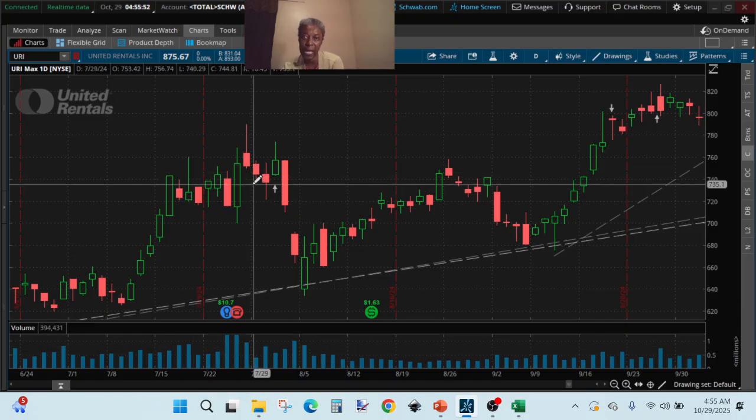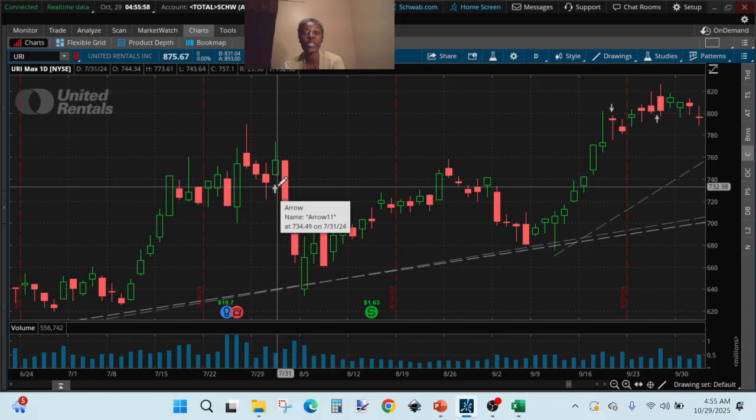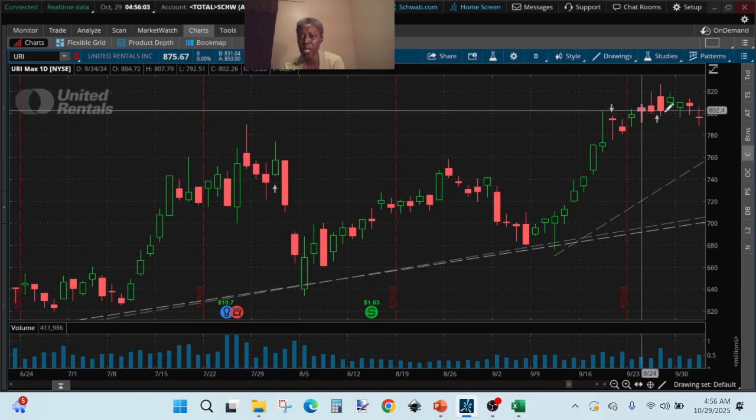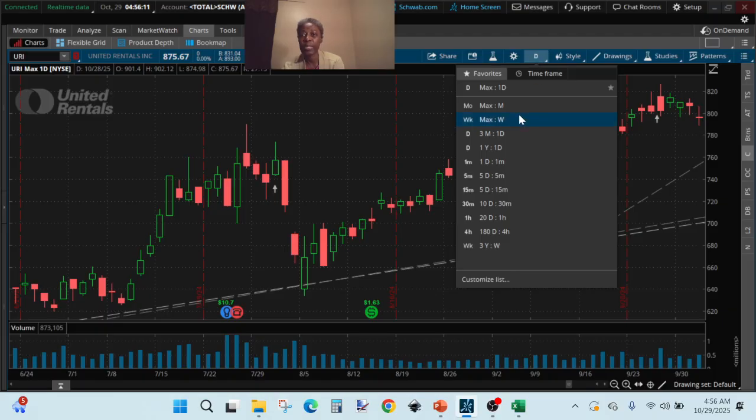You'll notice that for my swing trades, I'm holding the stocks for more than a day. You saw some of them that I purchased and sold the same day. A day trader, which I don't do, will use a shorter time frame.